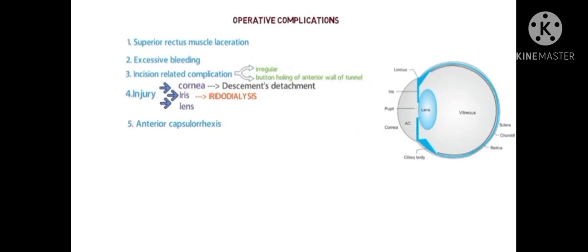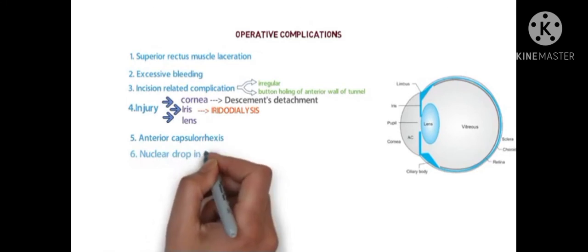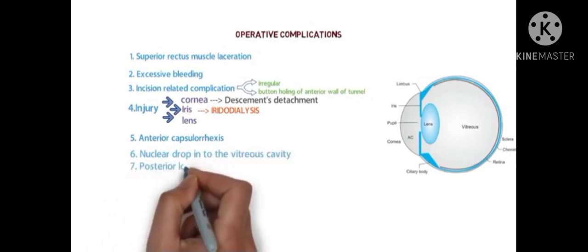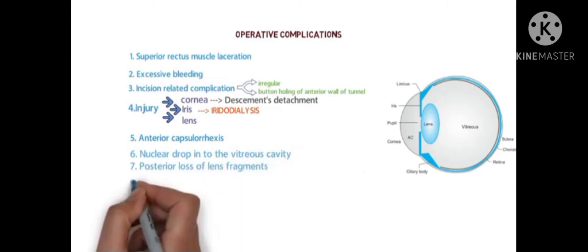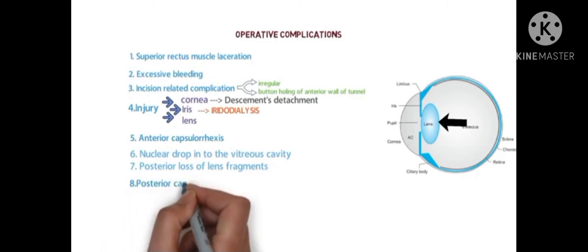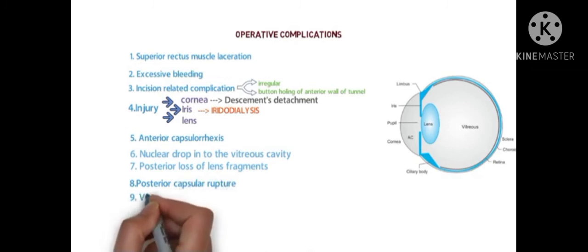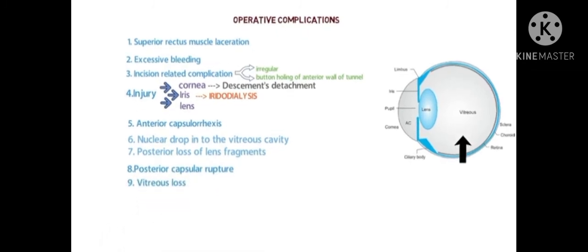After the anterior capsule, there is the lens, and the complications related to the lens are nuclear drop into the vitreous cavity, or posterior loss of lens fragments. After the lens, there is the posterior capsule, and there can be posterior capsular rupture. After the posterior capsule, there is the vitreous, and there may be vitreous loss.